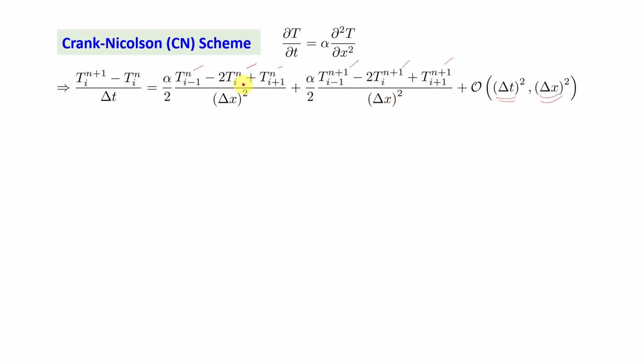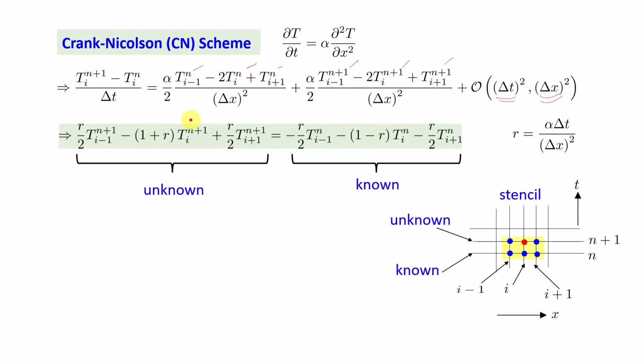So if we now try this, how will this solution algorithm look like? Let's first develop the difference equation. The difference equation will look this way. I take all this n plus 1 to the other side. So the left hand side looks very much like the implicit scheme, only this r by 2 and 1 plus r etc. were coming. Earlier it was r, 1 plus 2r, r. On the other side, you see that all these nth time level terms will be there.